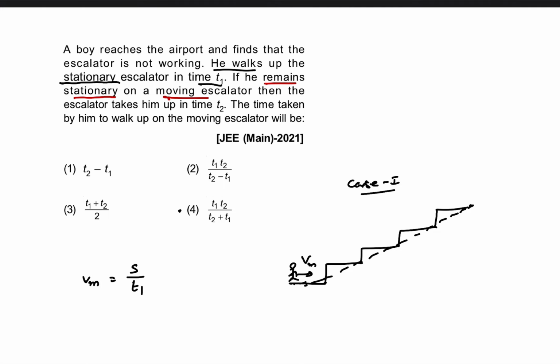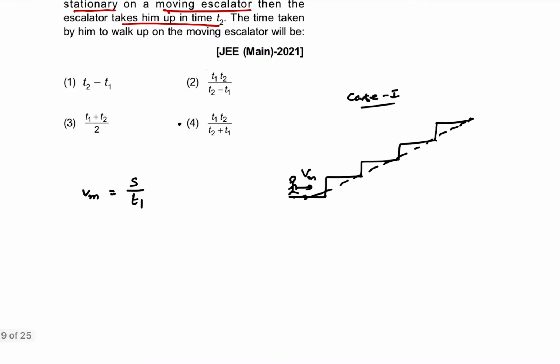Next case: if he remains stationary on a moving escalator, then the escalator takes him up in time t2. Now you can see the initial position and the final position of this person, where he wants to reach. He is standing here and the escalator is moving.